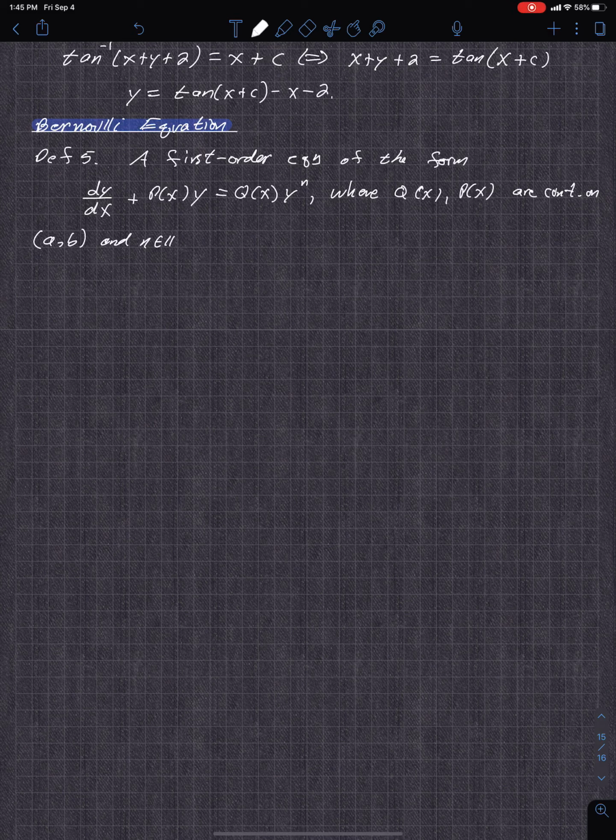And n is just a real number. I think most of the time in this book, n will be an integer, but positive integer.